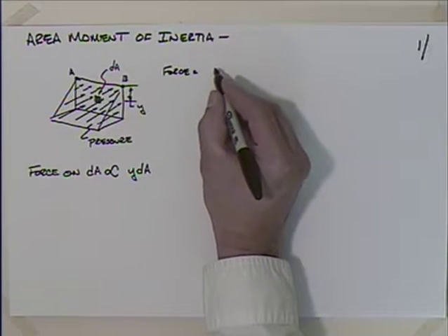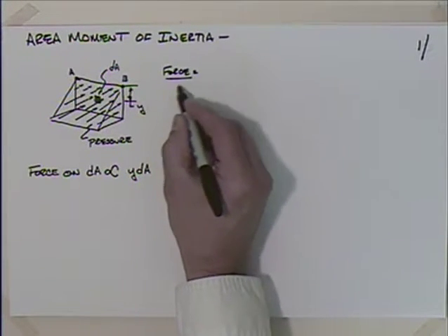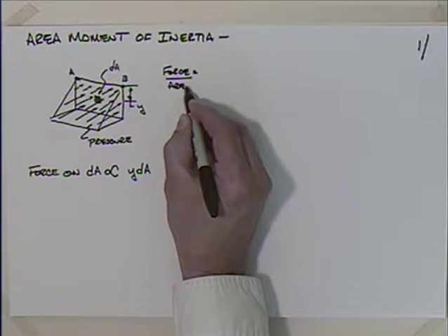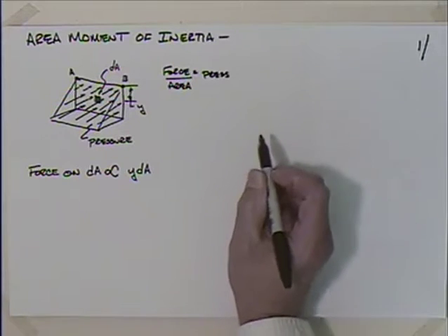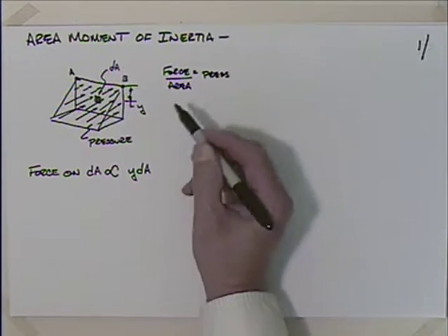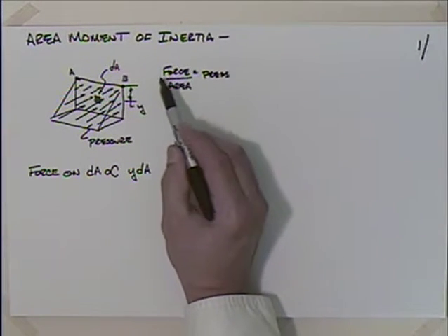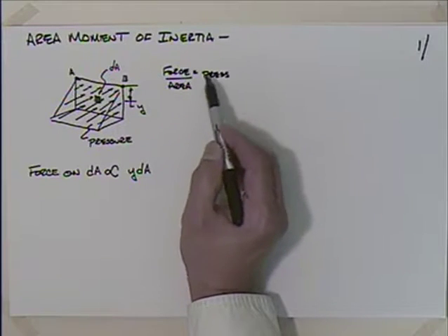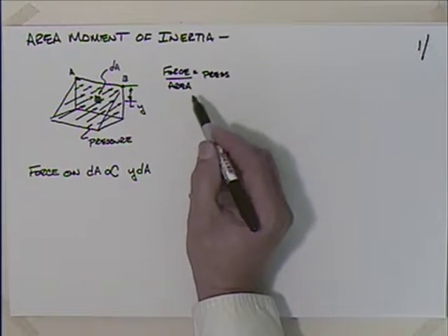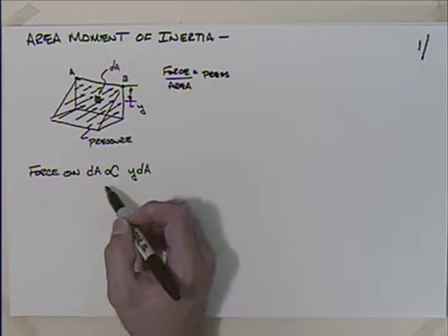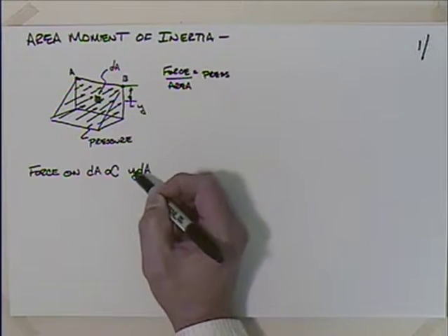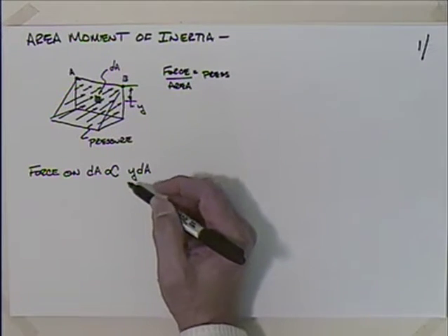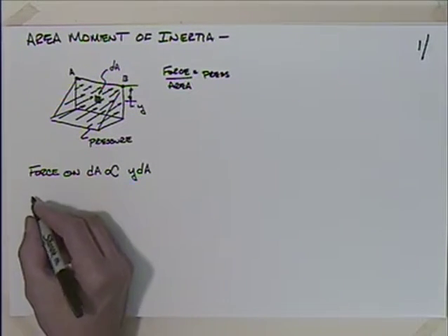If we take force and divide it by area, that's equal to pressure, right? Force divided by area, and the units even work out that way. If we were to take pounds over square inches, PSI, that would be pressure. So we can see that the force is proportional to the area times the pressure, where the pressure is a function of y.